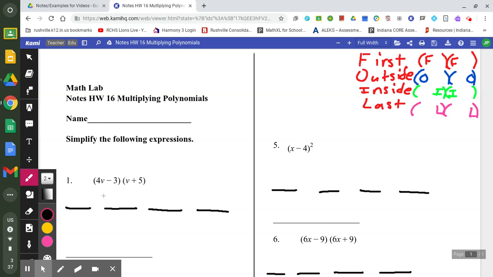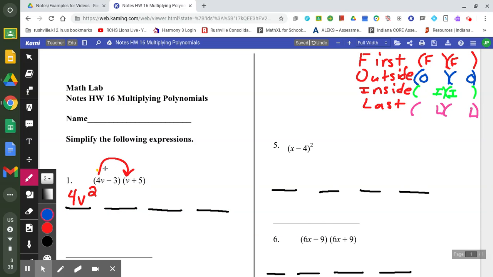I'm going to have 4 terms here. So I'm going to multiply the first two terms. So 4v times v would be 4v squared.